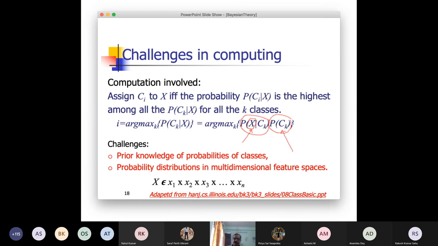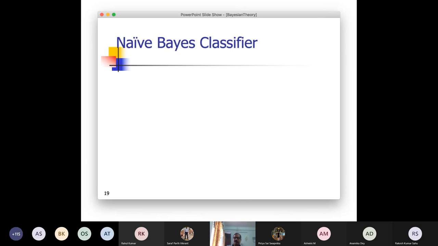When we are considering multidimensional feature space, each dimension is represented by a certain attribute or random variable, and it is basically the Cartesian product of all these spaces. So this modeling can be simplified. I'm talking about handling the multidimensional feature space and modeling the class likelihood in that space.